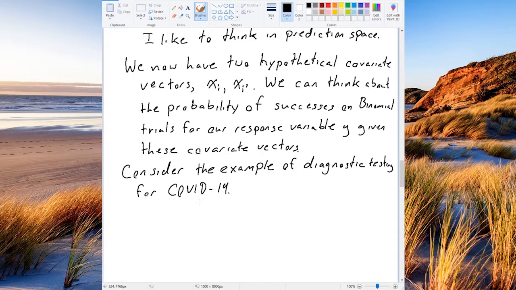So, like I was saying, beta 0 is going to represent something about the population as a whole. Beta 1 is going to represent something about an individual. Question 1.